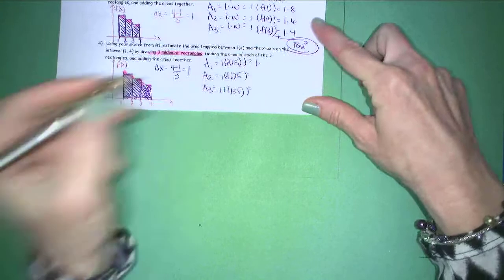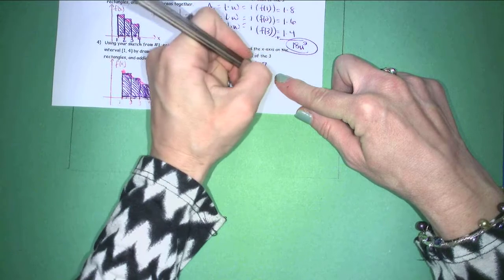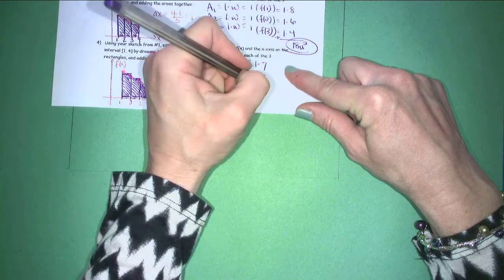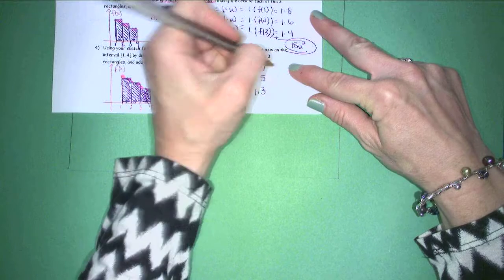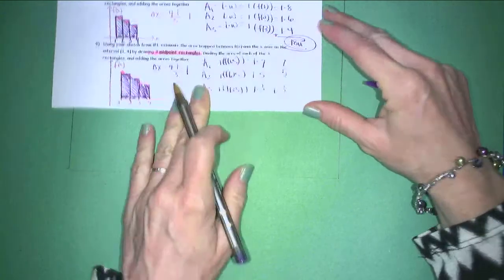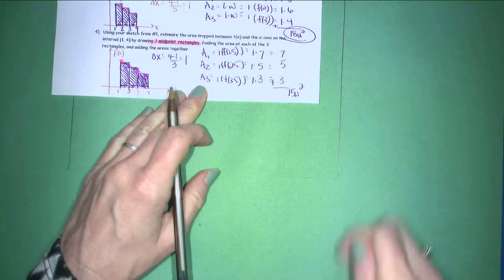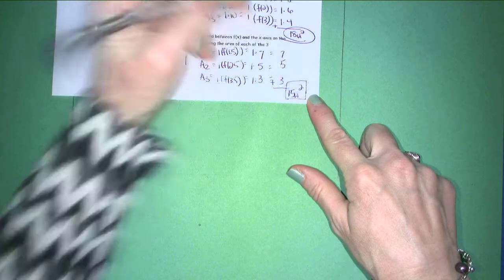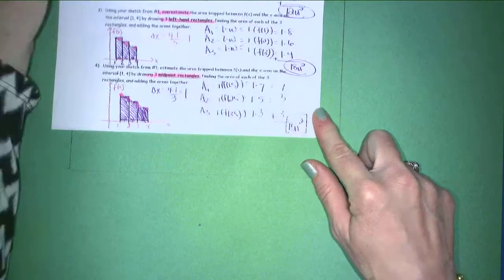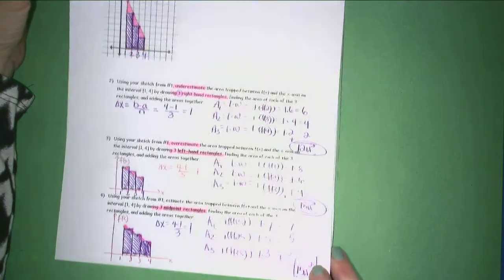If you plug 2.5 into your function, you get 5. And if you plug 3.5 in, you get 3. So we're talking 7 plus 5 plus 3, which makes a final area of 15 units squared, which is nice because that does lie between 12 and 18. So we seem to be honing in on the true area as we go along here. And tune into the next video for the back side of this example.